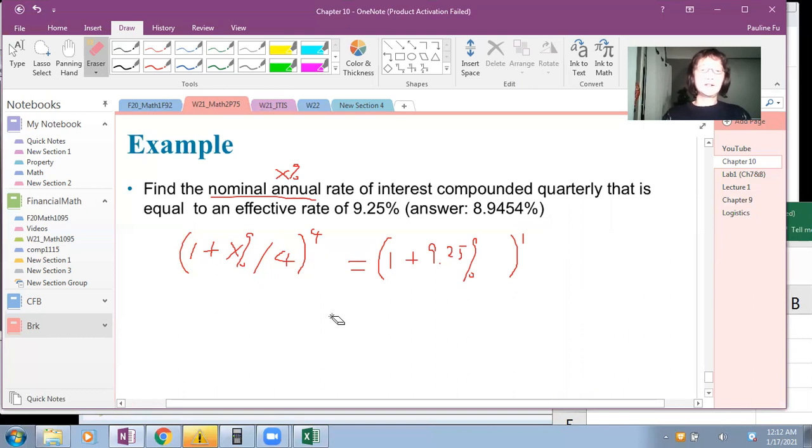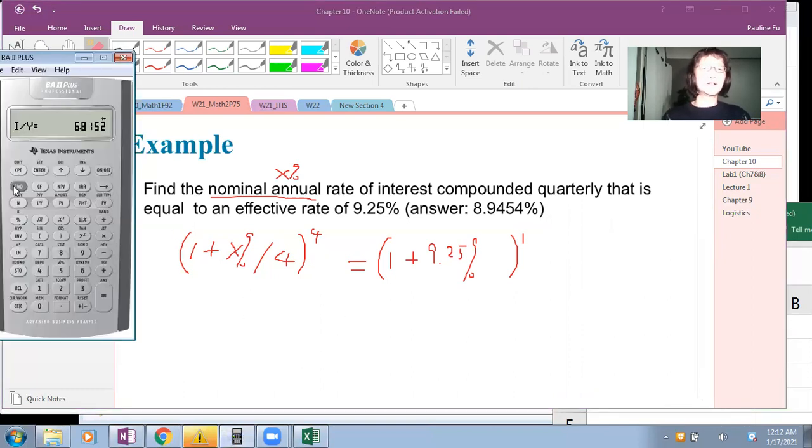And then you can use the calculator to do it. Okay, so second, quit. For the calculator, you start with second, then press ICONV. It is the number 2 button. So second, number 2, and you have NOM. The given rate is 9.25. You type in 9.25. Enter. Then use the up arrow key, CY.